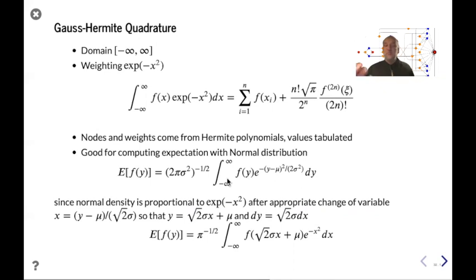Here you have the mean of a normally distributed random variable y, and then you take a function of that. So if you want to calculate the expectation of a function of a normally distributed variable y with standard deviation sigma and mean mu, it's going to have this expression, just like we did before.